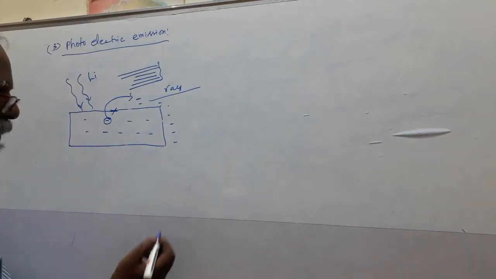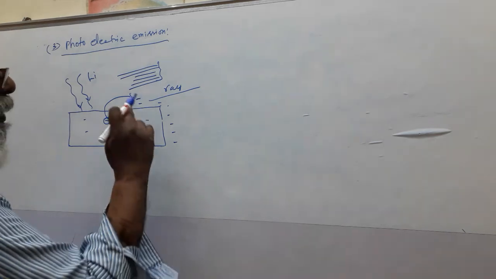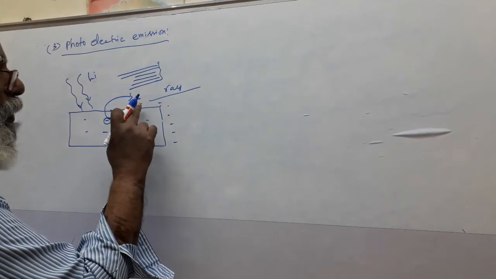Here is one important concept: the electrons emitted by this process are generally called electrons, but in a different way we call them photoelectrons, because these electrons are emitted only because of this radiation.